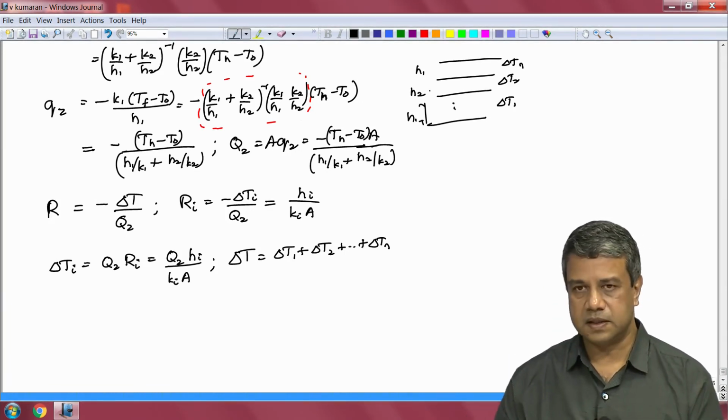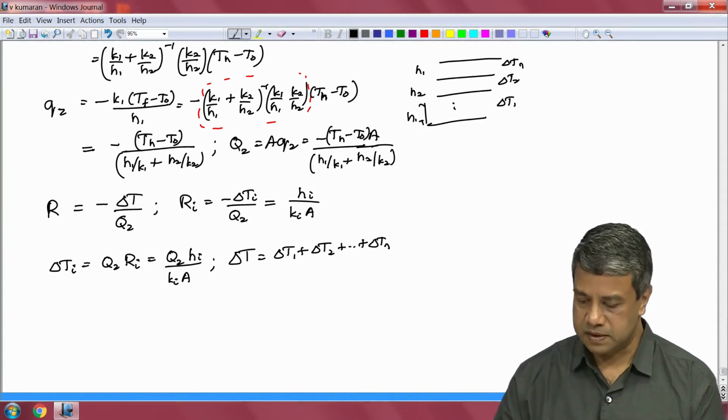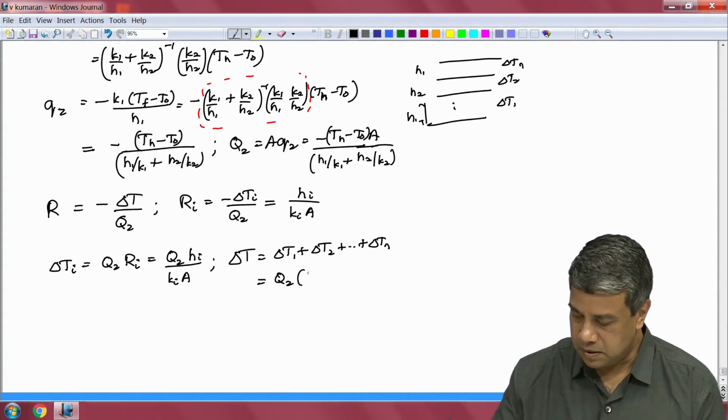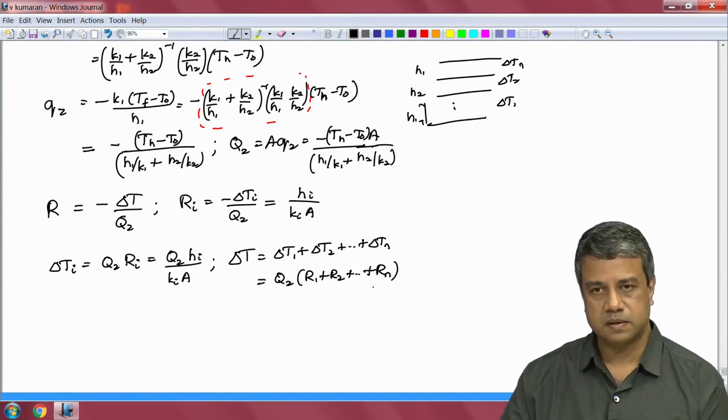Okay. So, if I have multiple slabs here with different thicknesses, then the temperature difference is the sum of the temperature differences across each of these slabs, which is equal to Qz into (R1 plus R2 plus etc. plus Rn) for multiple slabs. Okay.